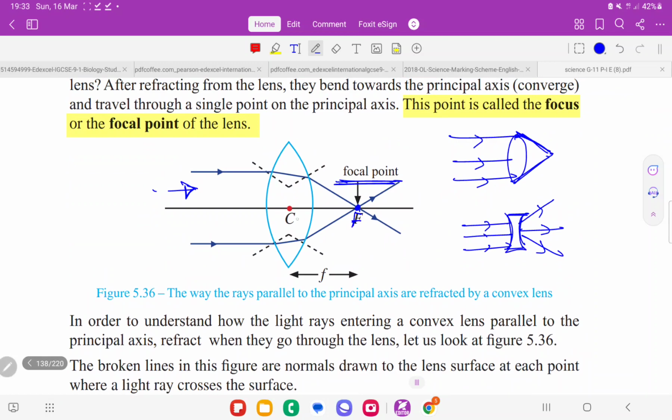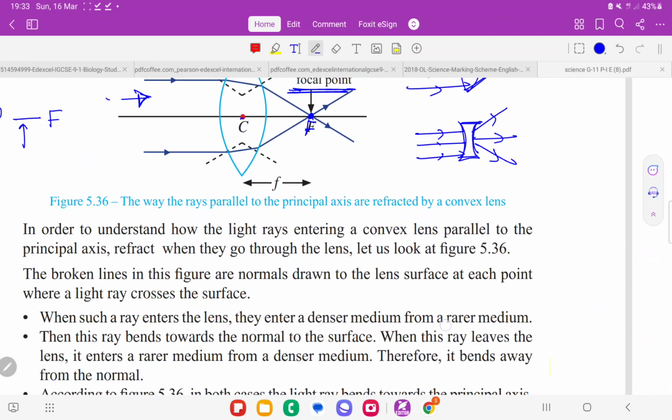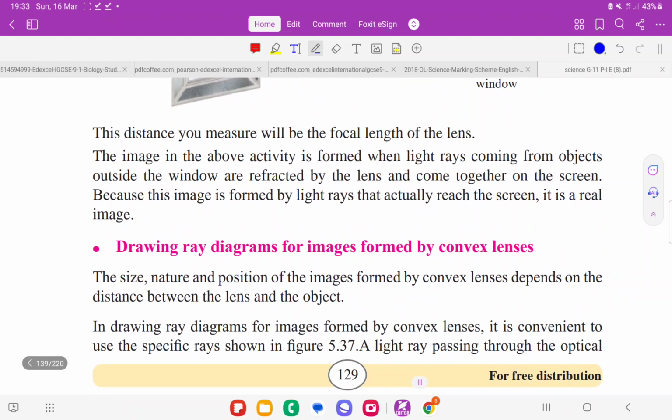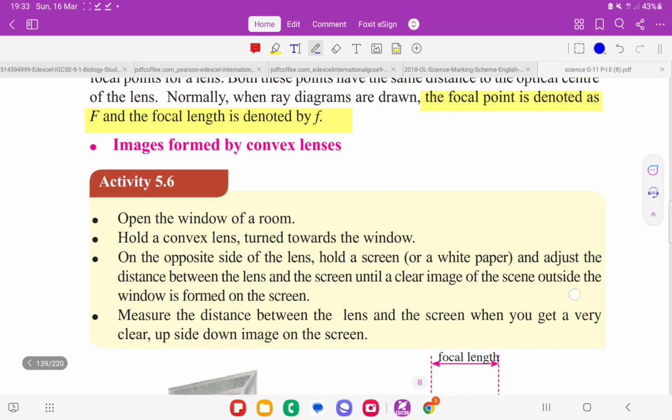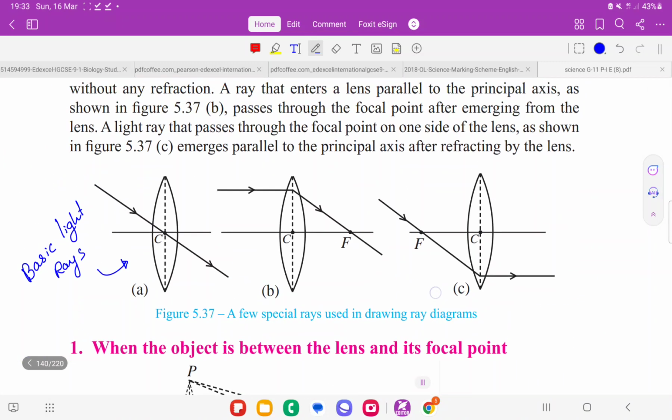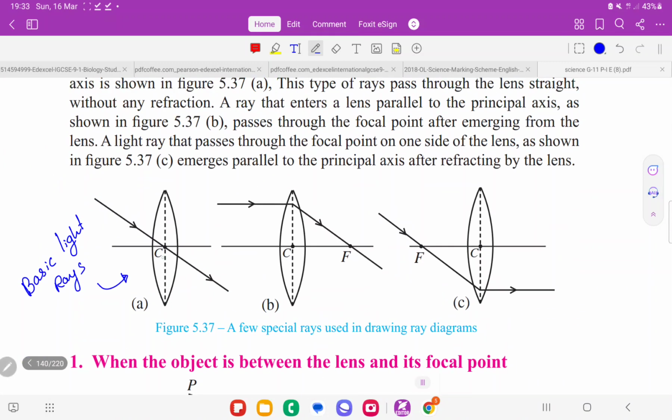Focal length: the distance between the optical center and the focal point is called the focal length. In mirrors also we learned the P to F distance is the focal length, right? Okay, then here also we have basic light rays. 3 basic light rays we have to learn.